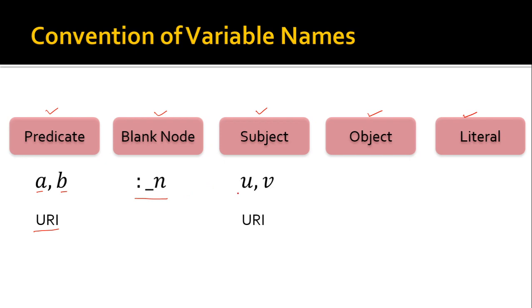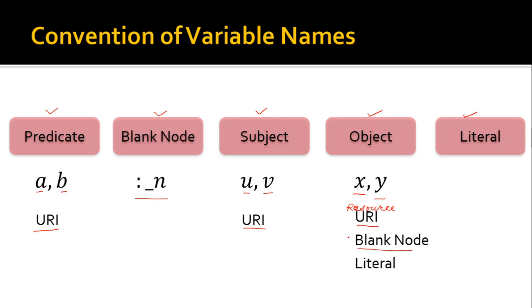The subjects we will be representing using the symbols U and V, and of course they are URIs, right? The objects we will be representing with X and Y, and they can be URIs. And when you have one resource as an object, it can be a blank node, right?